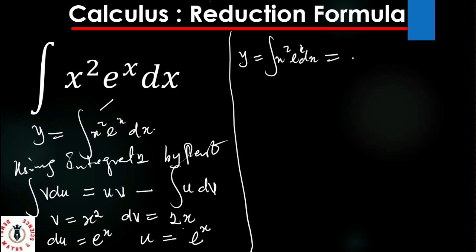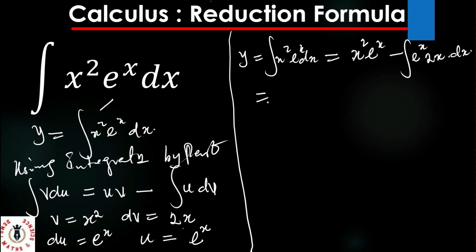uv. My u is e raised to power x and my v is x squared. That means it's x squared e raised to power x minus the integral of u dv. My u again is e raised to power x and my dv is 2x dx.